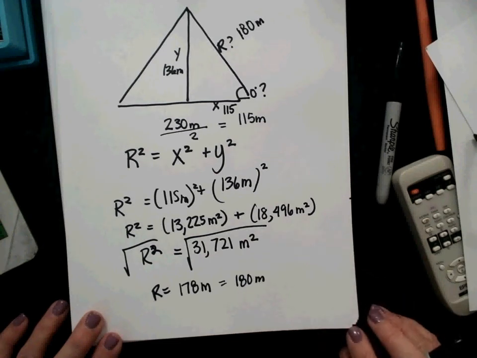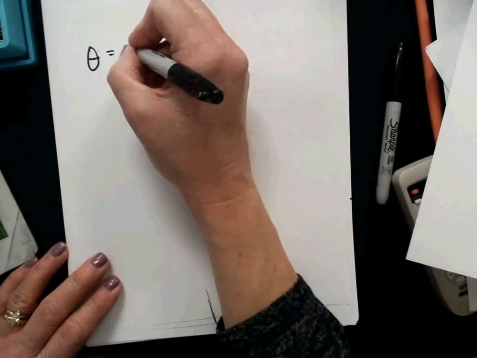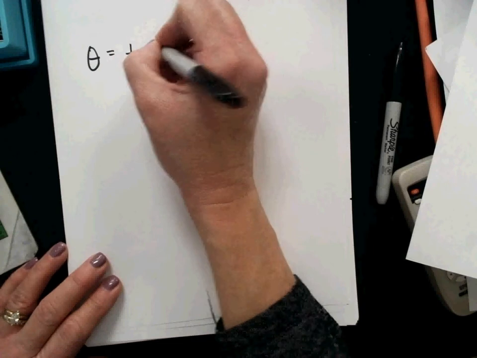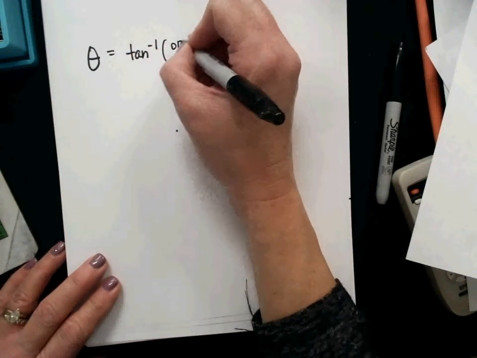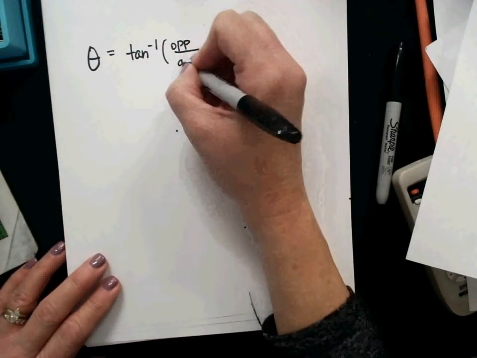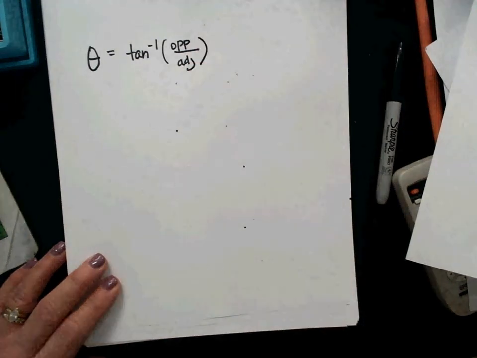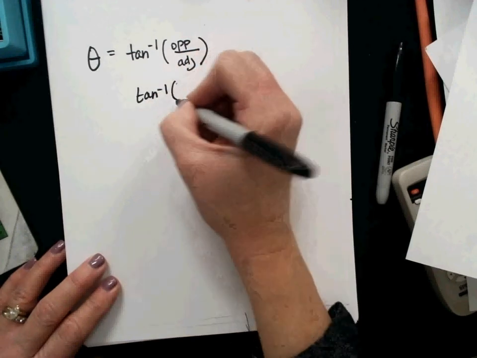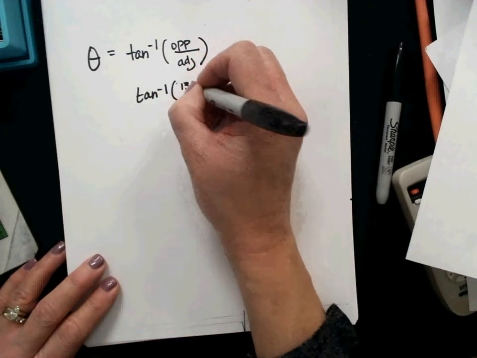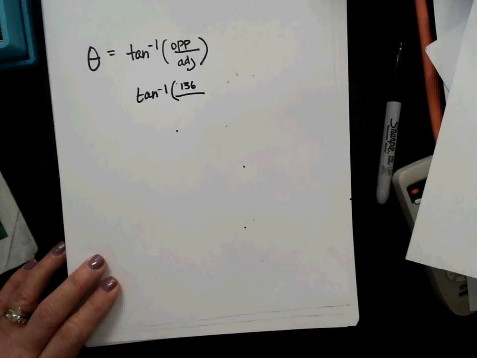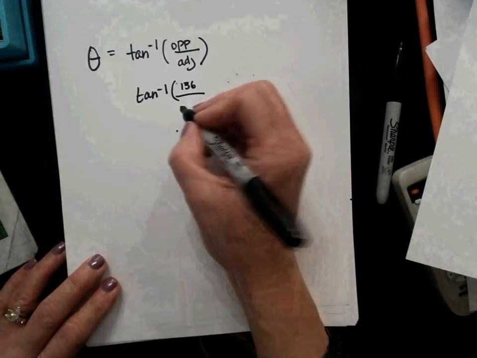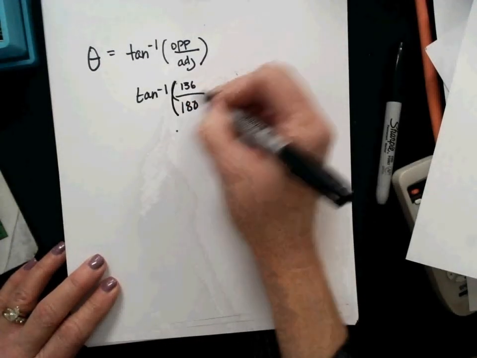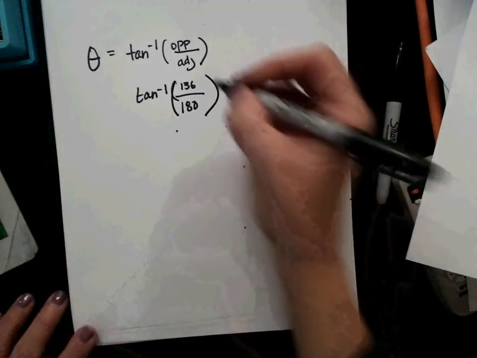We know our x now, we figured out it's 115. So now I want you to see if you can find your angle, which is equal to tangent inverse of opposite over adjacent, which would give me tangent inverse of 136 over 180.